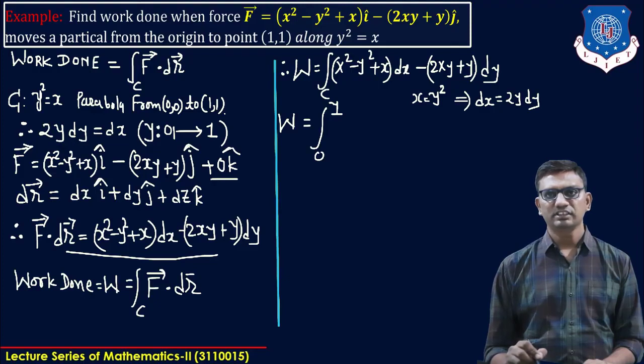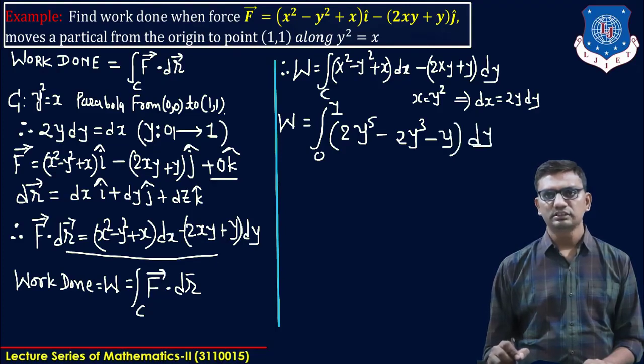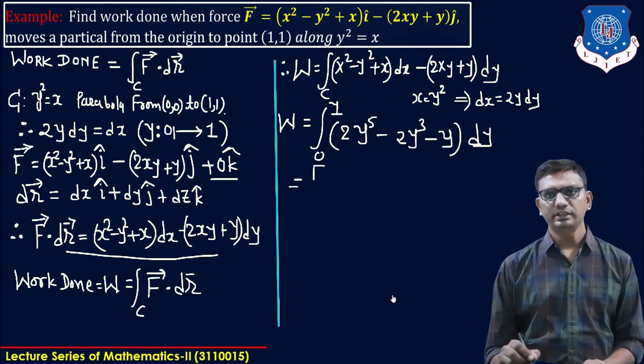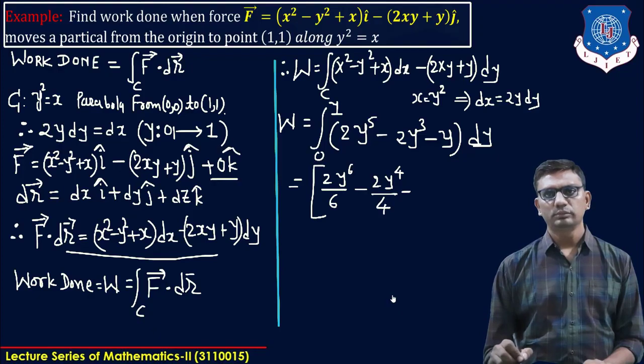Now after putting x equal to y square and dx equal to 2y dy, we get 2y raised to 5 minus 2y raised to 3 minus y dy. That is equal to, after taking the integration, 2y raised to 6 by 6 minus 2y raised to 4 by 4 minus y square by 2, and limit of the integration is 0 to 1.